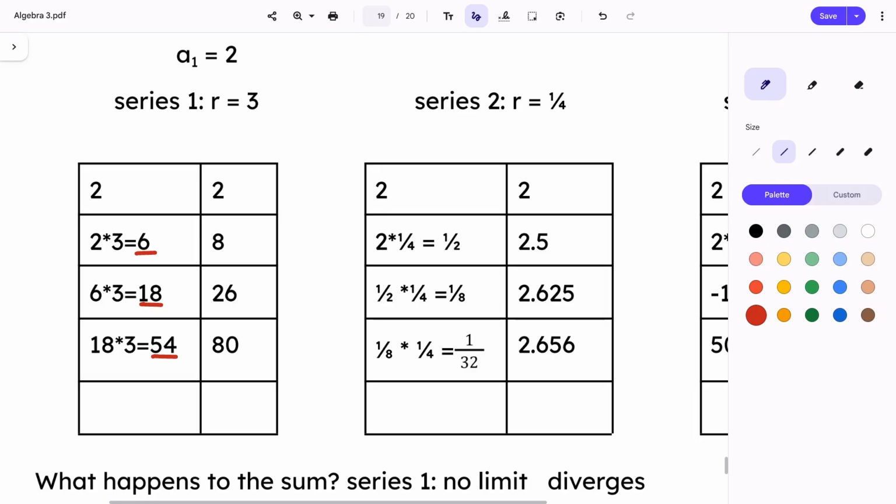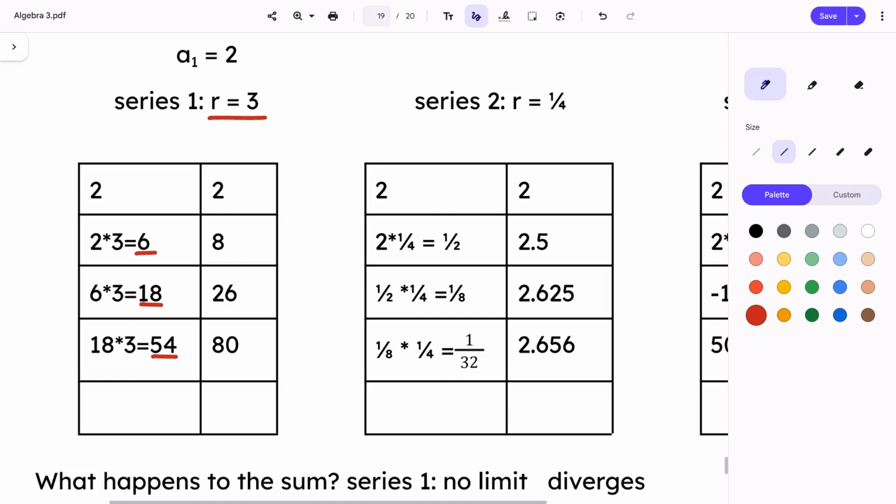And then what they started to do is add them together. So the 2 plus the 6 is how we got 8. 8 plus that 18 is where we got the 26 from. Adding 54, we got 80. So you can see how this number, as we continue to add another element, is going to continue to increase.